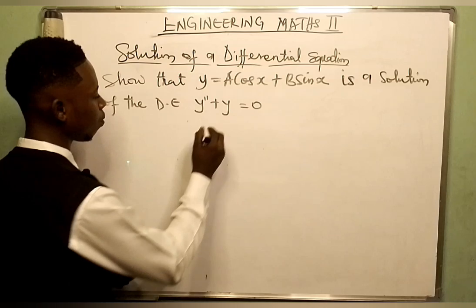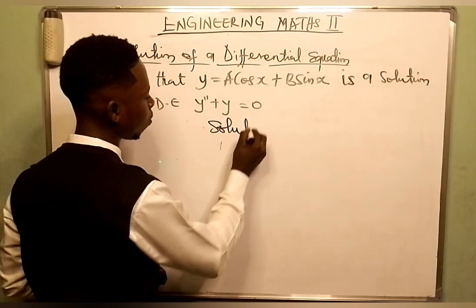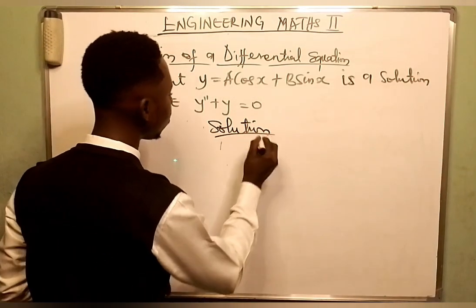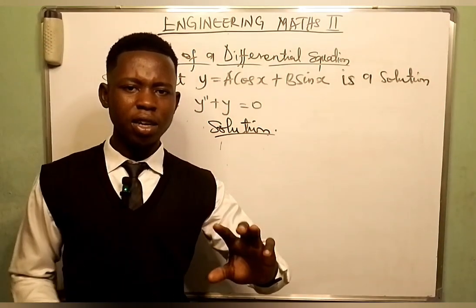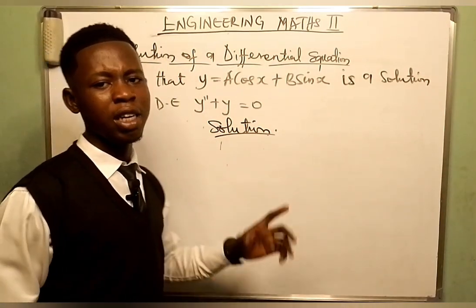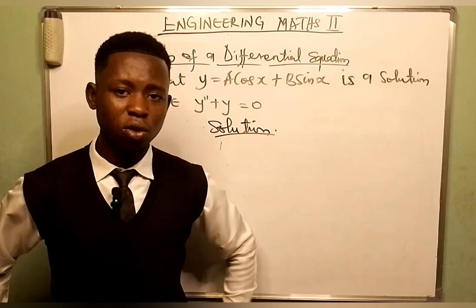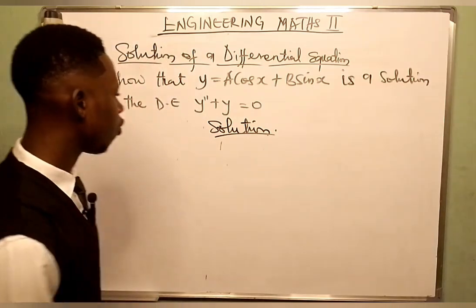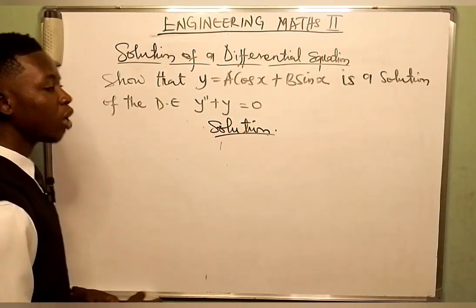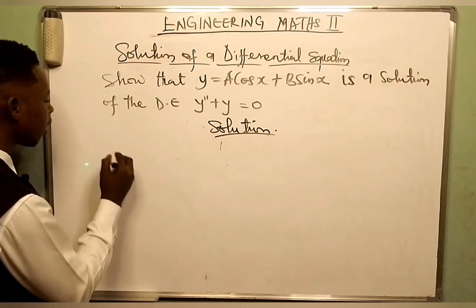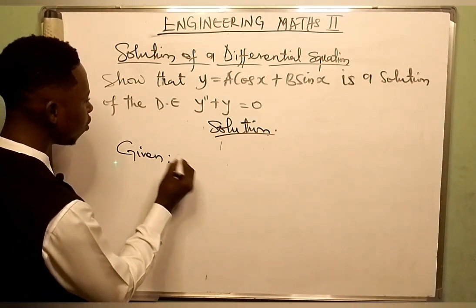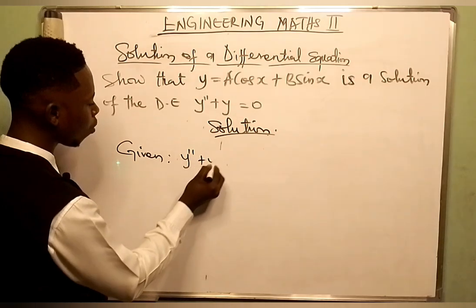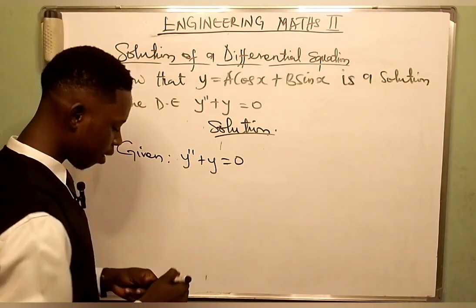Solution. I want to give you the standard steps in solving this kind of question, especially in engineering mathematics, so that you won't lose your mark. For you to start solving this question, you have to check what you are given. Given y prime prime plus y is equal to 0.